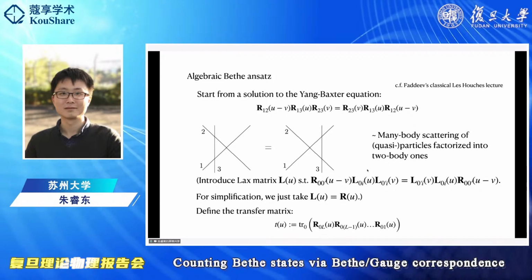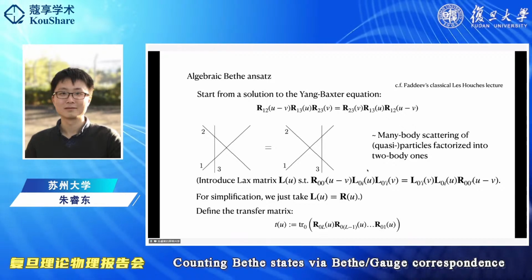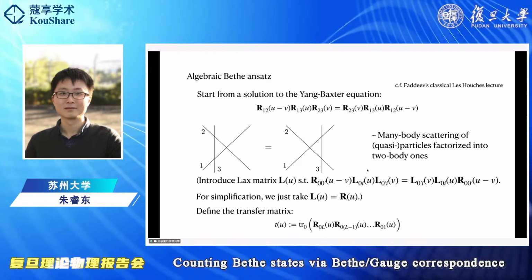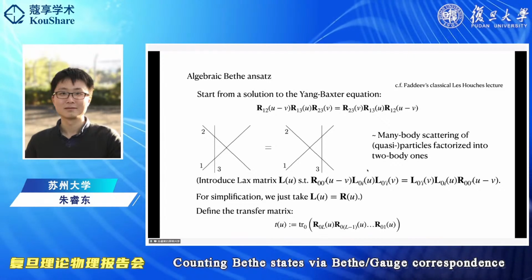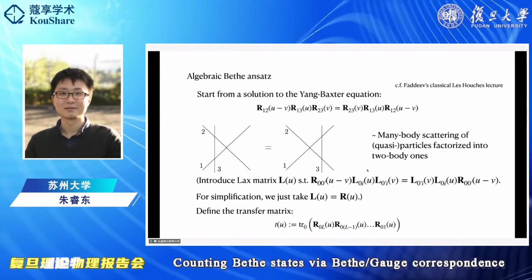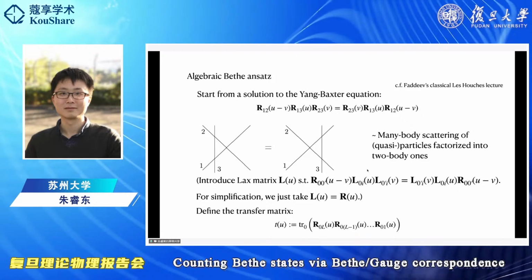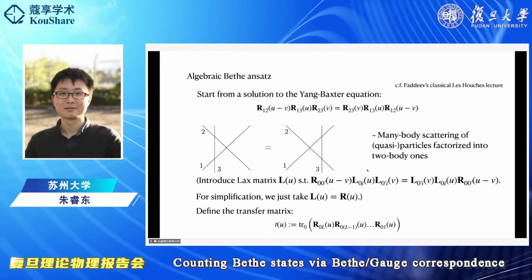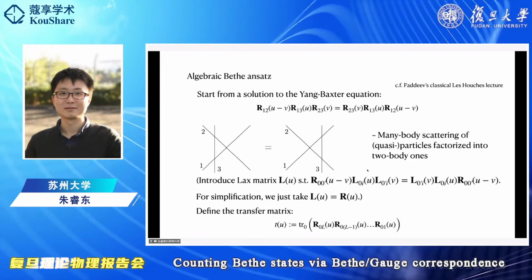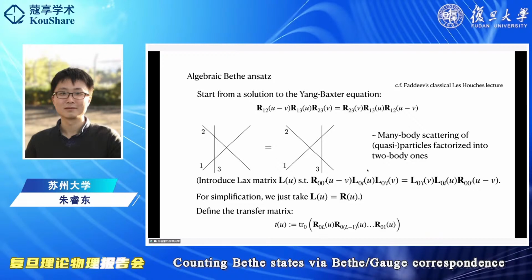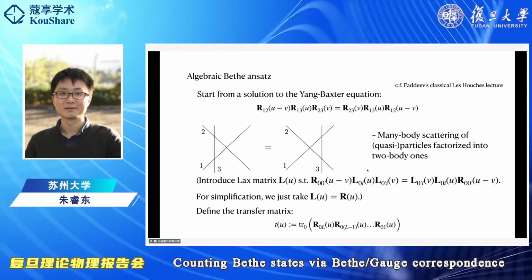We start from the solution to the Yang-Baxter equation like this. So the Yang-Baxter equation looks like this. We have several R matrices. They correspond to the scattering process of particles in one dimension. And if the many-body scattering process of the quasi-particles can be factorized into these two-body systems, we should have the left scattering process equal to the right.